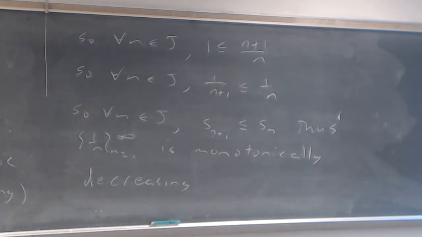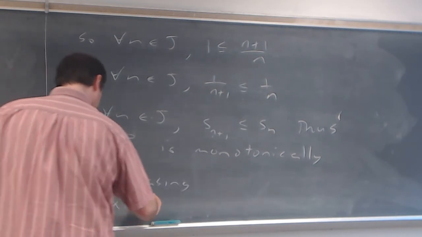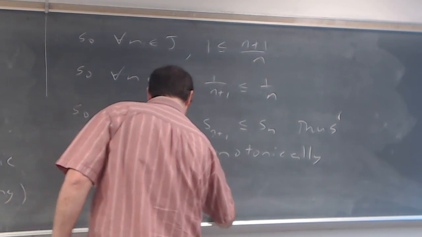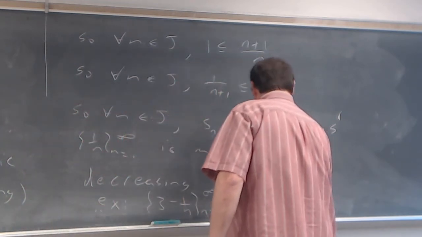Okay. As another example, the sequence 3 minus 1 over n is monotonically increasing.